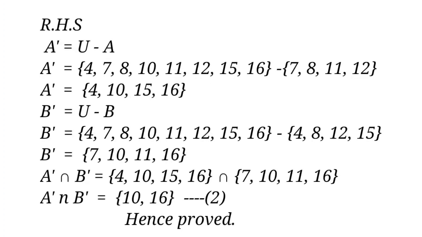Then right hand side, A' intersection B'. First we find A'. We know the concept A' is equal to U minus A. Here A' is equal to {4, 7, 8, 10, 11, 12, 15, 16} minus {7, 8, 11, 12}.